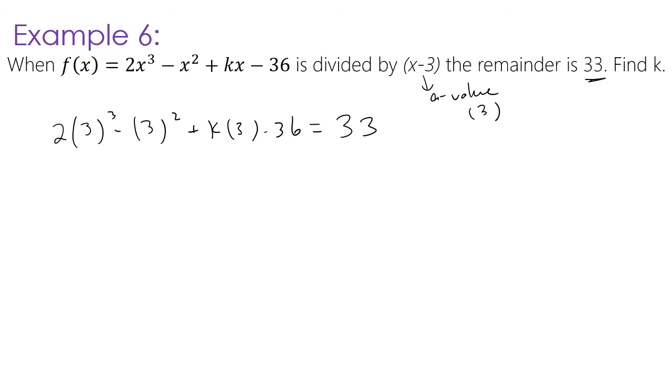Using our calculators or our brains, 3 cubed, 27 times 2, 54, minus 9, plus 3k, minus 36, equals 33.